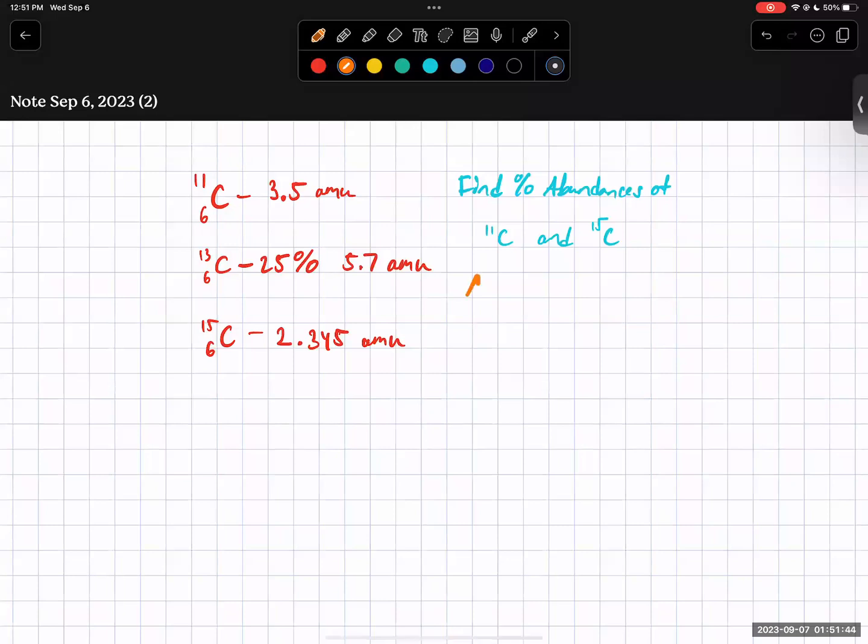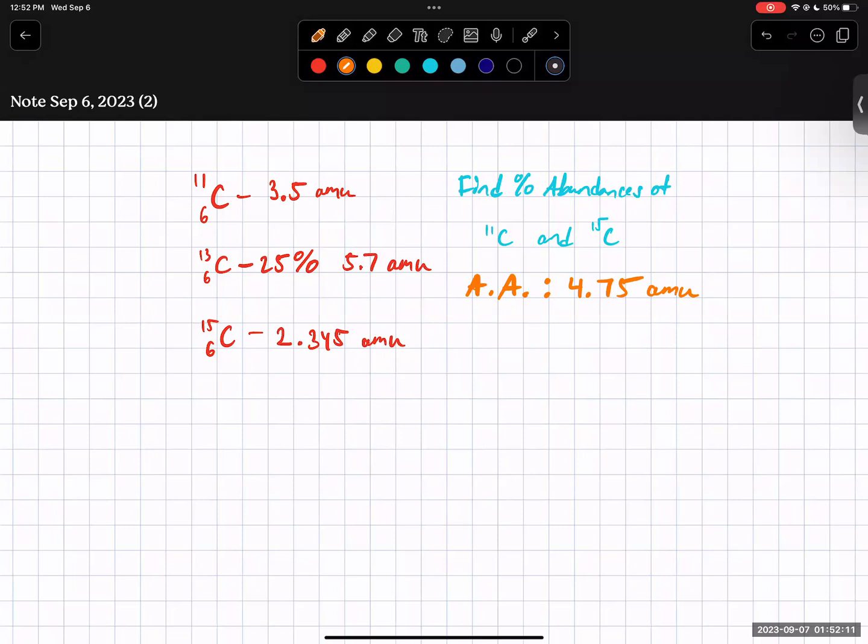Let's say the average atomic mass, I'm gonna abbreviate it with AA, this is not alcohol, this is average atomic mass. It is 4.75 AMU. Sure, we can do another one.